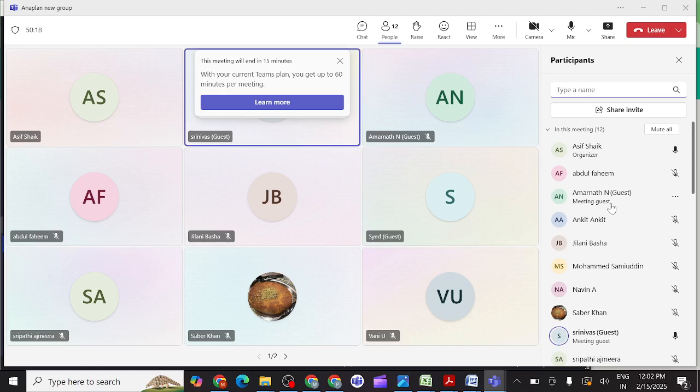Okay. Abdurrahman, your confidence needs to improve. Okay, how Jilani and Srinivas are speaking. Whatever we have done, we need to deliver with confidence. That will help us.